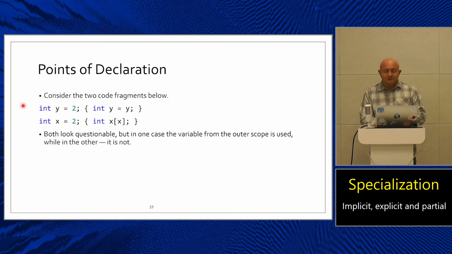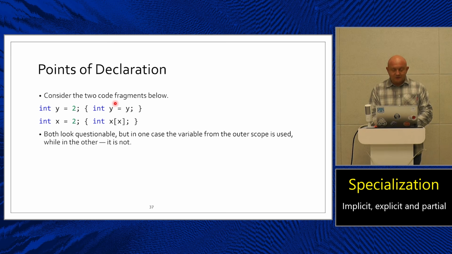Consider these 2 code fragments. They both look questionable, and you should never write code like this, but they illustrate a crucial rule. In the first case, int y = y, the variable from the inner scope is used for its own initialization. And this leads to undefined behavior.